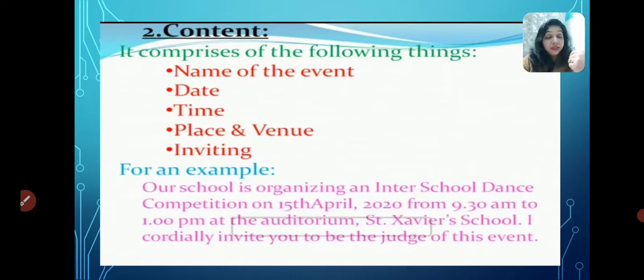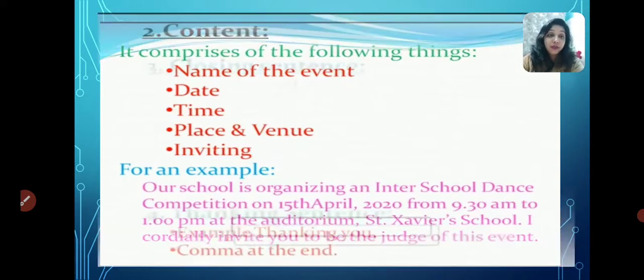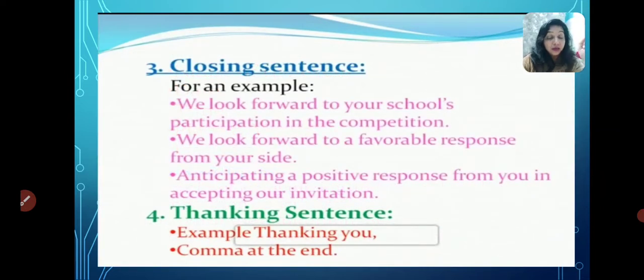Then, as this is an invitation email, you write your invitational phrase, like I cordially invite you to be the judge of this event. This is the purpose of this email, inviting a person to be the judge in the inter-school dance competition.